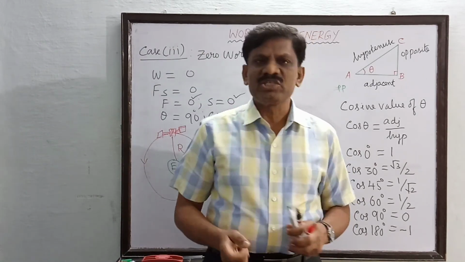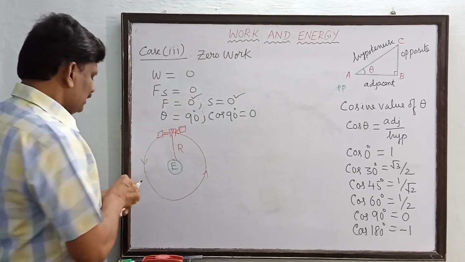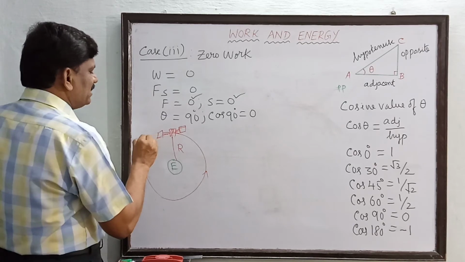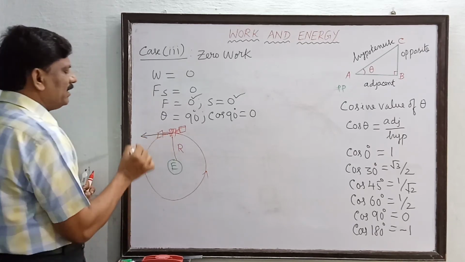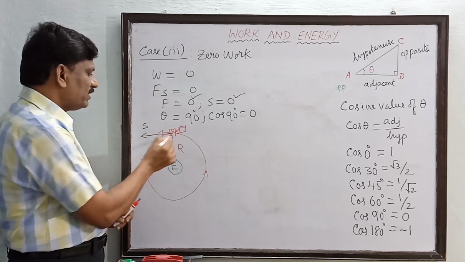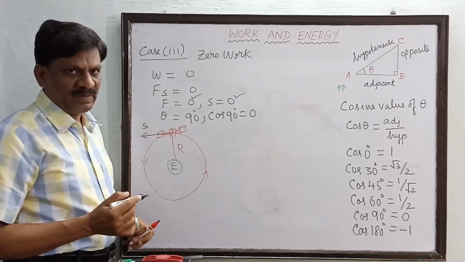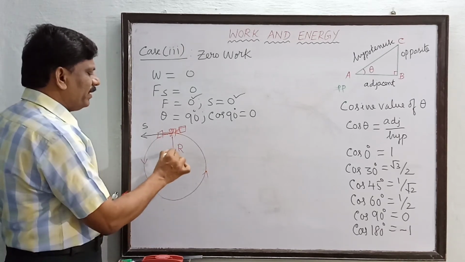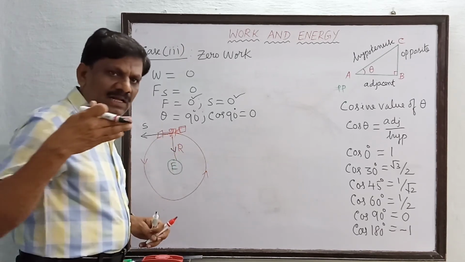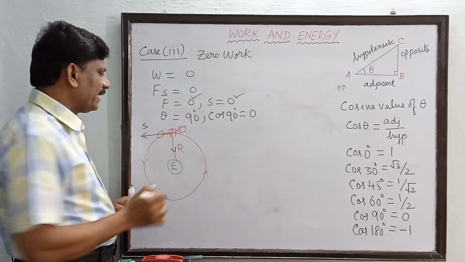what is the direction of displacement or velocity of this body in revolution? A tangent you have to draw to the circular path, and this will be the direction of the displacement as well as the velocity. And there will be a centripetal force acting along the radius towards the center. So there will be centripetal force acting on the satellite.